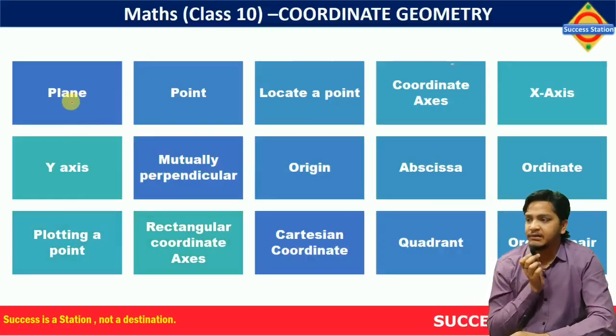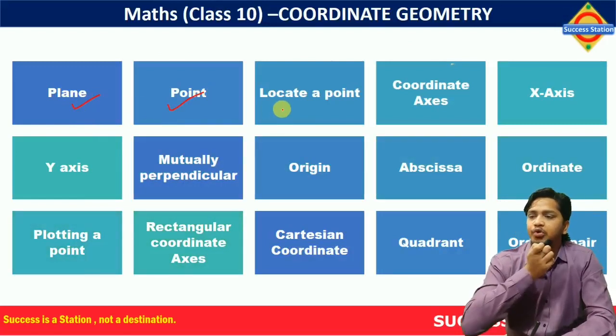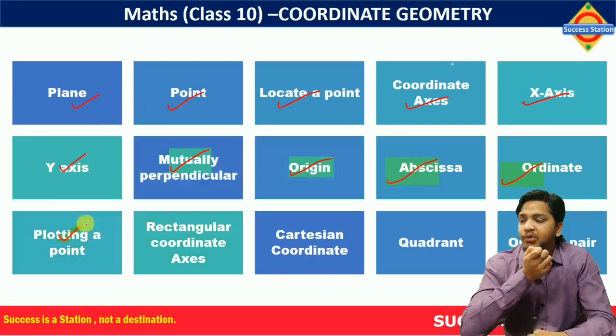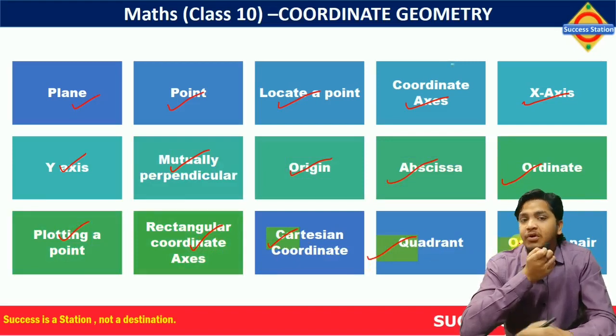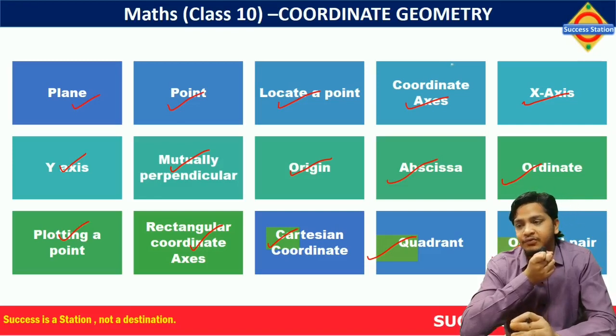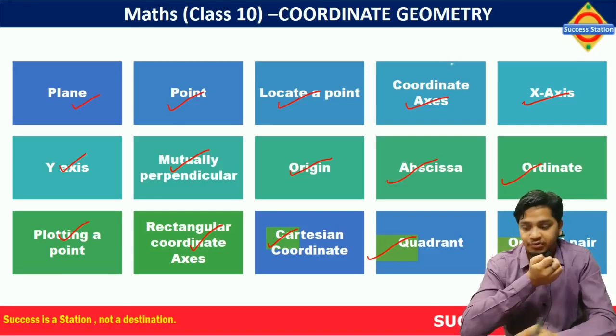So plane, point, how to locate a point, coordinate axis, what is x-axis, y-axis, mutually perpendicular, origin, abscissa, ordinate, how to plot a point, rectangular coordinate axis, Cartesian coordinate, quadrant, ordered pair. Now these all you will learn. So I have just given a brief that if you know these topics, then very good, and if you don't know, then after this you will come to know, right?